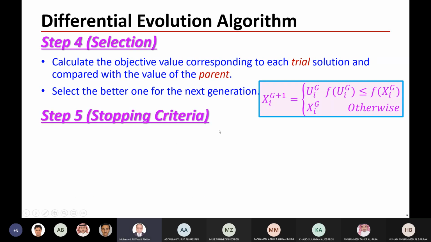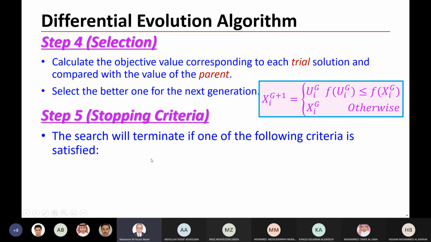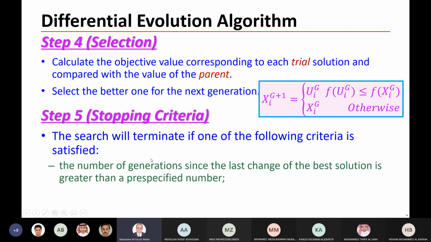The stopping criteria is not different from evolutionary programming or from the genetic algorithm. The same stopping criteria can be implemented here. The search will terminate if one of the following criteria is satisfied. The number of generations since the last change of the best solution is greater than a specified number.